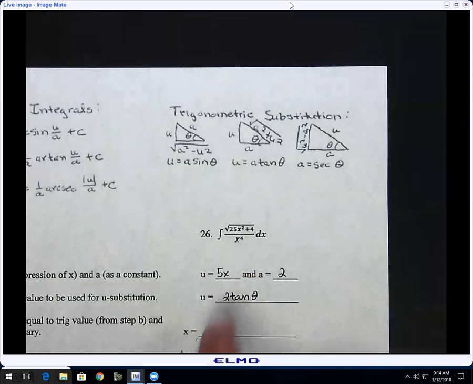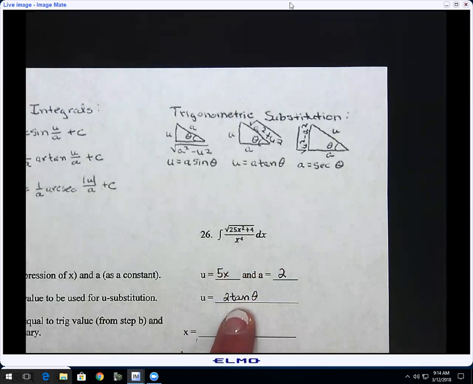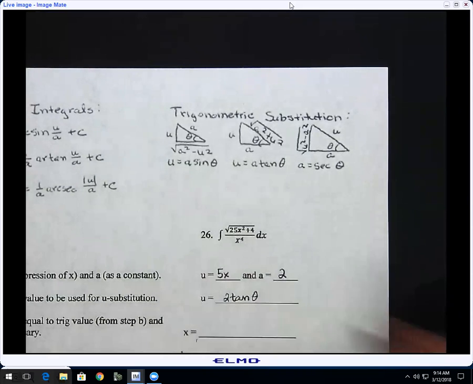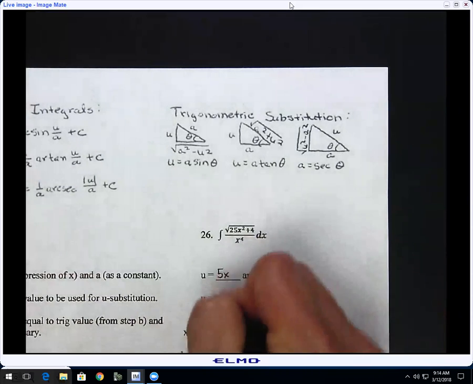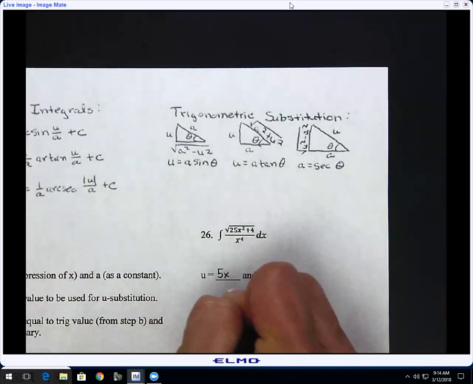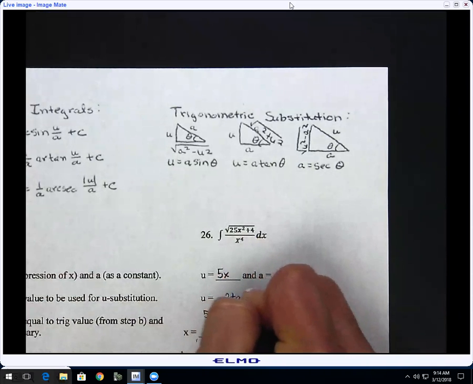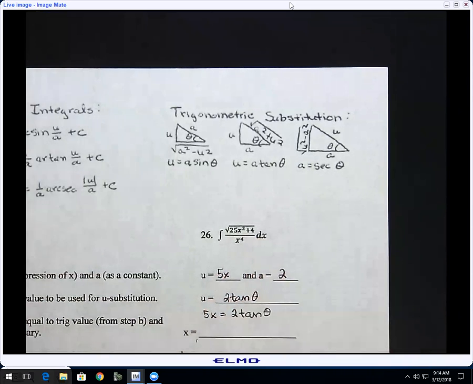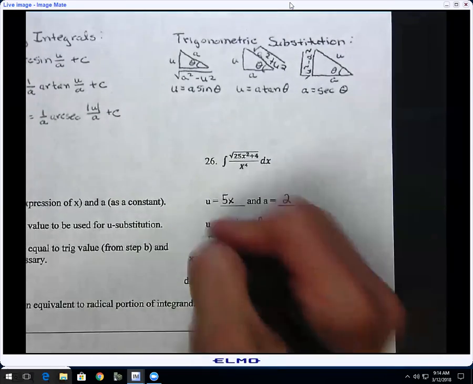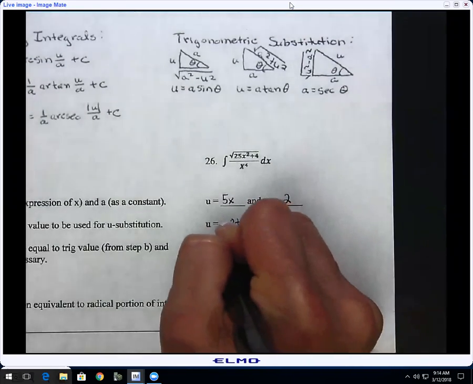In the a part, I have u is 5x. In the b part, I have u is 2 tangent theta. Then 5x has to be 2 tangent theta. And I can solve that for x. If I set 5x equal to 2 tangent theta, then x has to be 2/5 tangent theta.